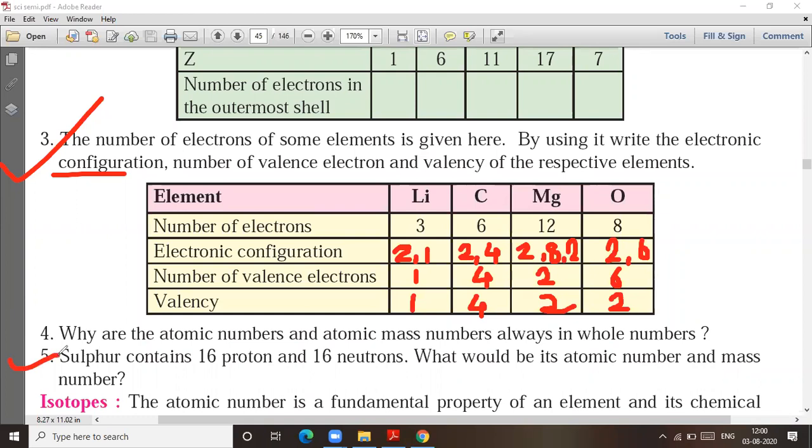Then question number 5. Sulfur contains 16 protons, 16 neutrons. What will be the atomic number?